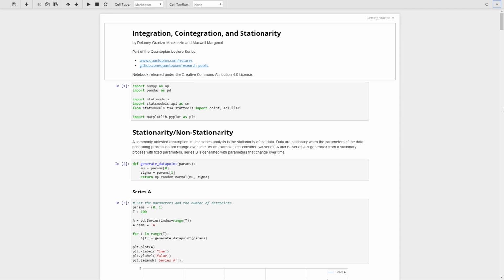Now, what is stationarity? There are a few different definitions of stationarity, but what we're going to be working with is something called wide sense stationarity. And what that means is that the mean and variance, or standard deviation, I'm going to be using these interchangeably, are constant throughout the entire life of the time series.